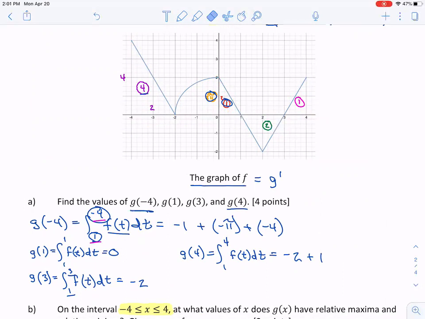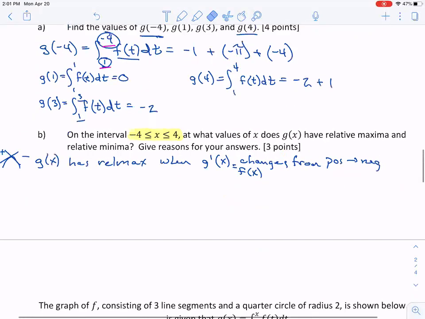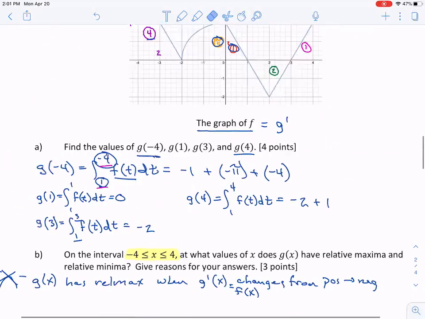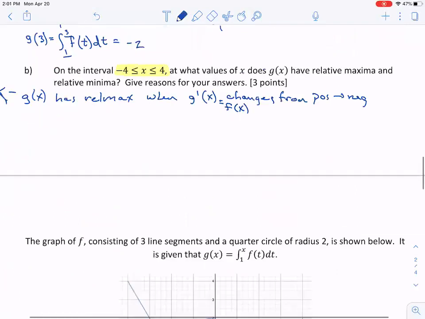Okay. So I'm looking where g prime, which is also f, changes from positive to negative. Now here, that's tricky. It's positive, but then it goes back to positive. So that's not what I'm interested in. But right here, from positive to negative, and that would be at x equals 1.